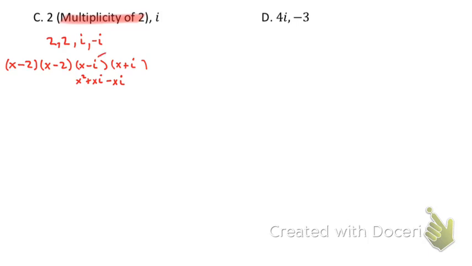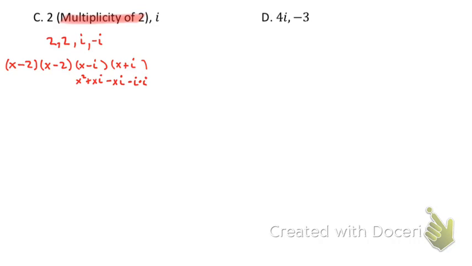And then negative i times positive i is going to be negative i squared. So let's clean this up.